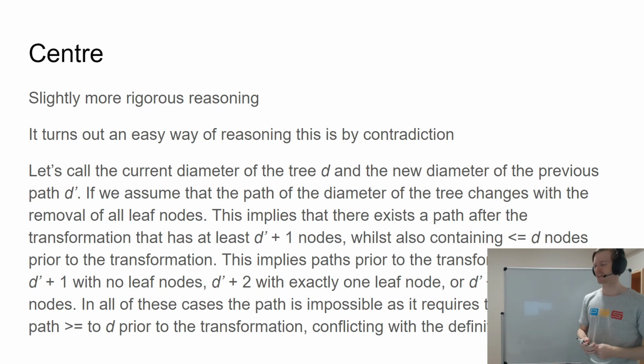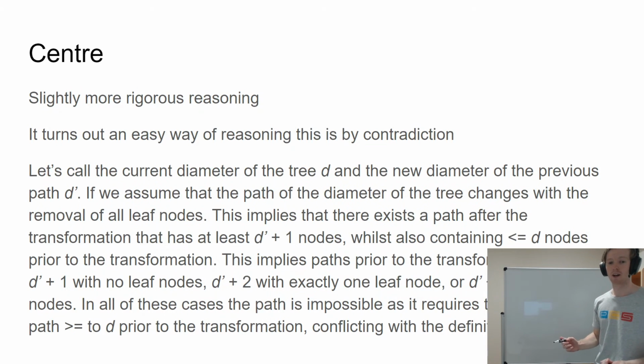I may have hand waved that a little bit, and I can explain that in a little bit more detail. But we basically don't care if there are two or more diameter paths existing, but we do care if somehow after this transformation the diameter changes so that it can't possibly be the previous one.